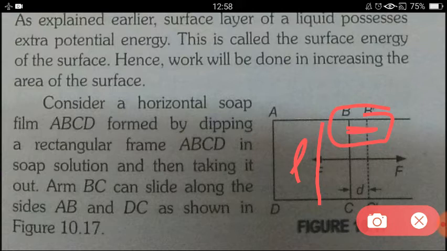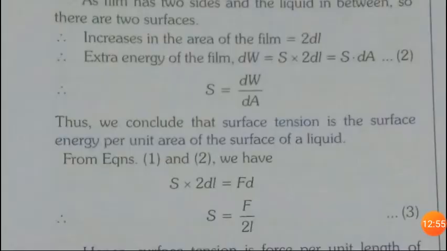This is L, the length of BC or AD. Length into breadth is area, so the area of this small part will be L into d only. So we have one formula of surface tension, S equals dW upon dA. Thus we conclude that surface tension is the surface energy per unit area of the surface of a liquid.